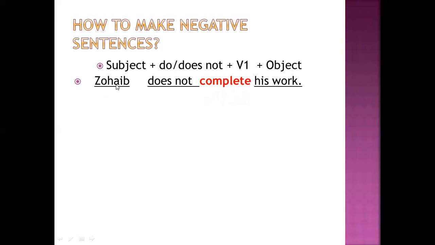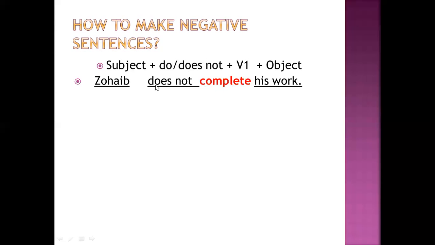This is the simple sentence. But when we change this sentence from completes into the negative sentence, we added do not, because do also ends in o. So we took the s from the end of completes and added it with do.